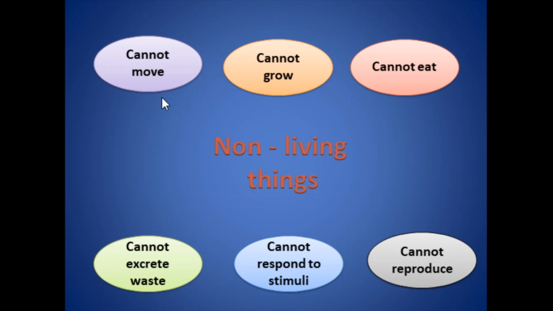Examples of non-living things. What is this? It's a table. A table is a non-living thing. Next, what is this? It is a ball. A ball is a non-living thing. It cannot move unless it's held by a person or dribbled by a person.